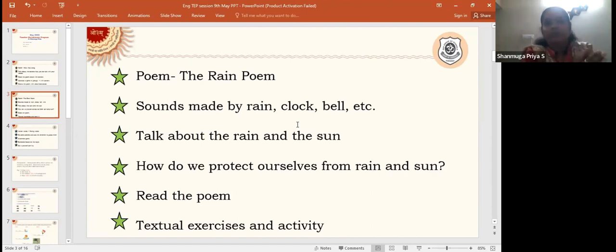So the noise level would increase from clapping from one finger to five fingers slowly. So whenever the rain starts, it starts to drizzle first, then slowly it increases, and the sound of the rain also increases like that.